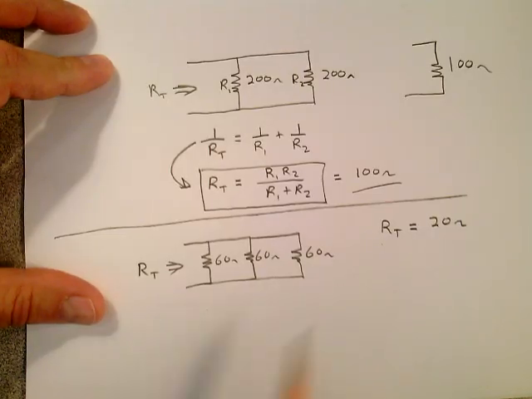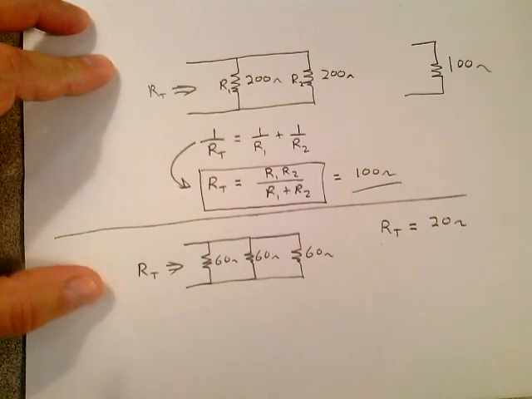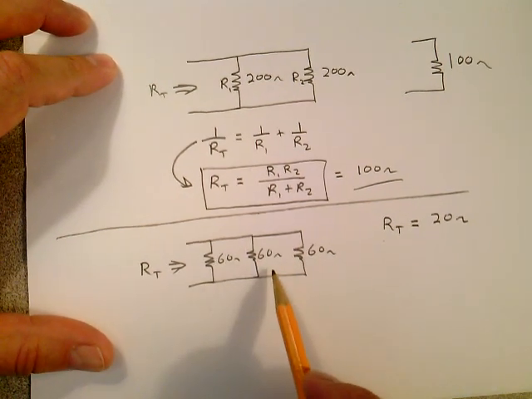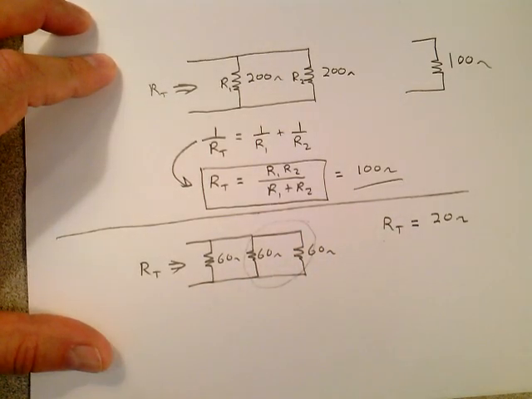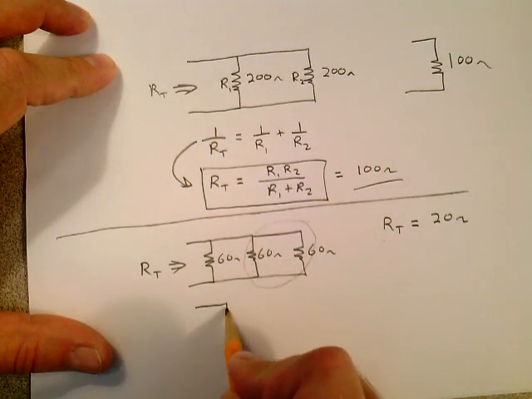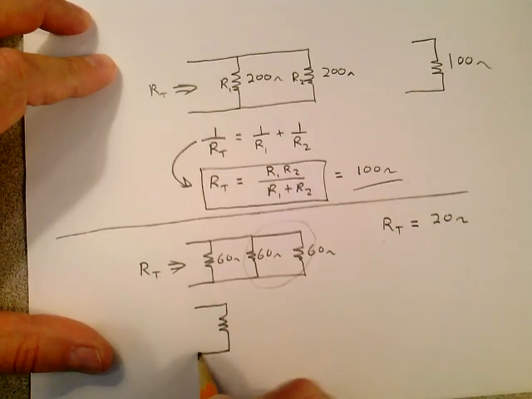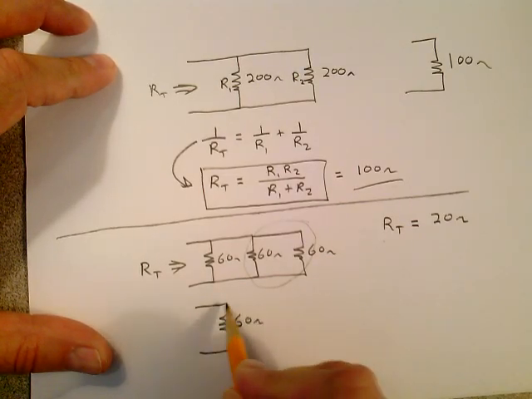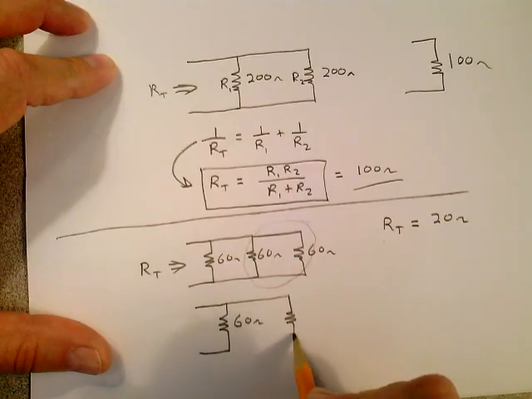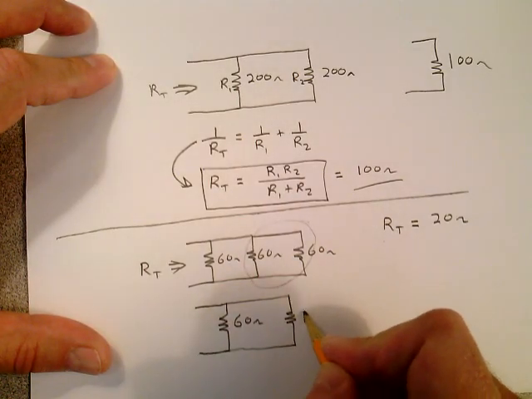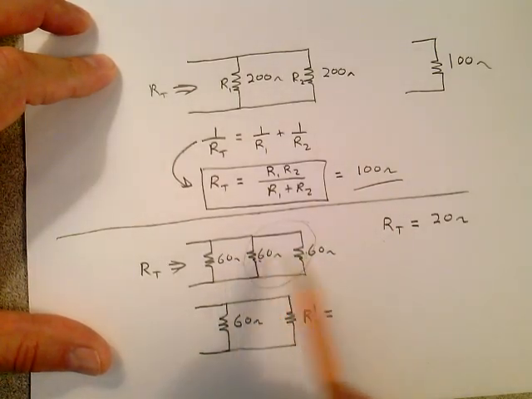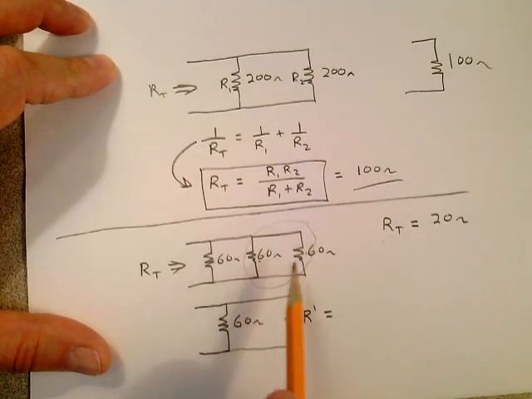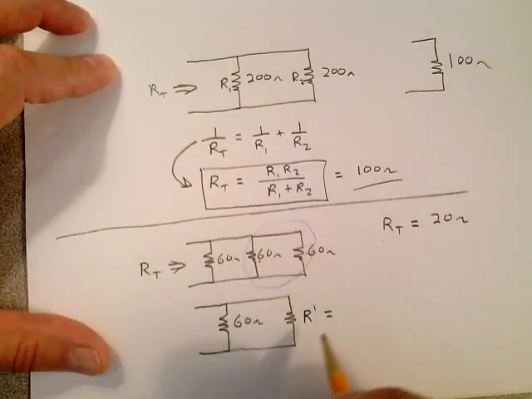But in some cases, this is going to be 50 ohms, this is going to be 20 ohms, this is going to be 10 ohms. But there's nothing wrong with doing it this way, taking this circuit and working backwards. Just find the equivalent of those two, product over the sum. So you can boil the circuit down to this: 2 resistors. Where this resistor, we're going to call it R prime, it's equal to the combination of these two. You can use product over the sum if they're not equal, or you can just see there's 2 resistors of equal value.